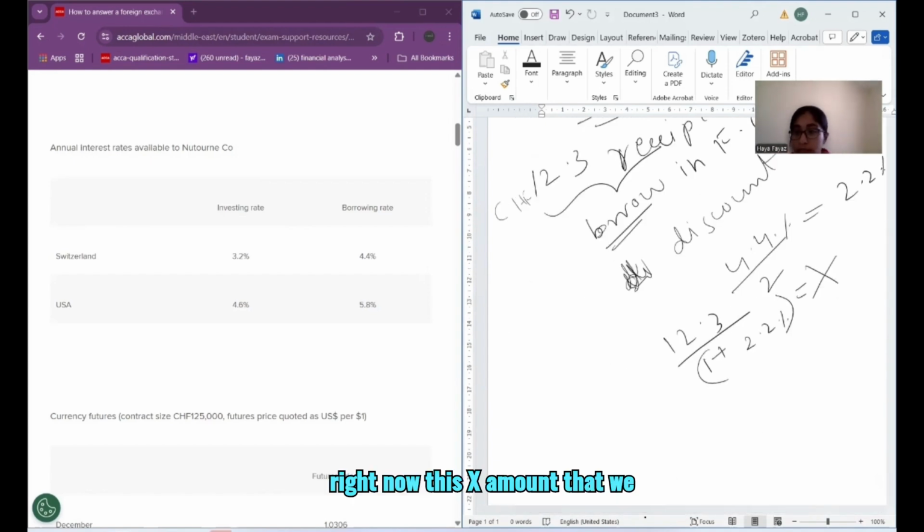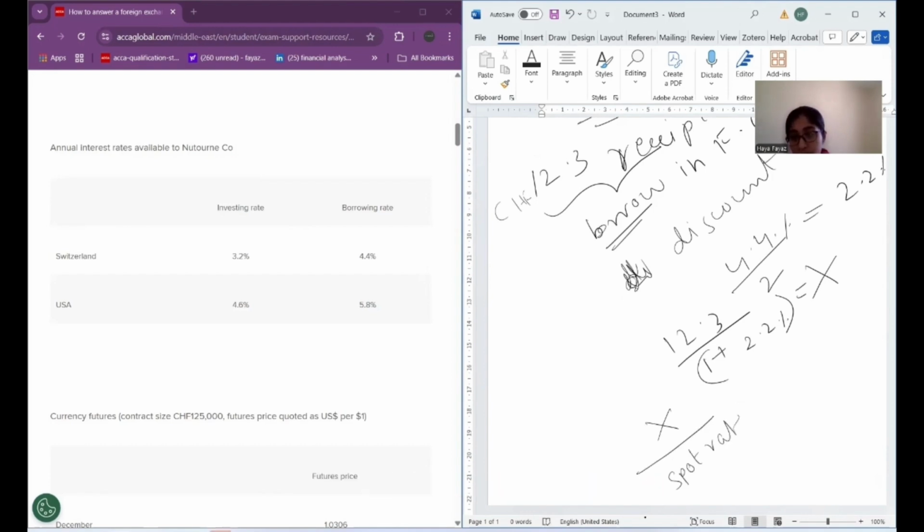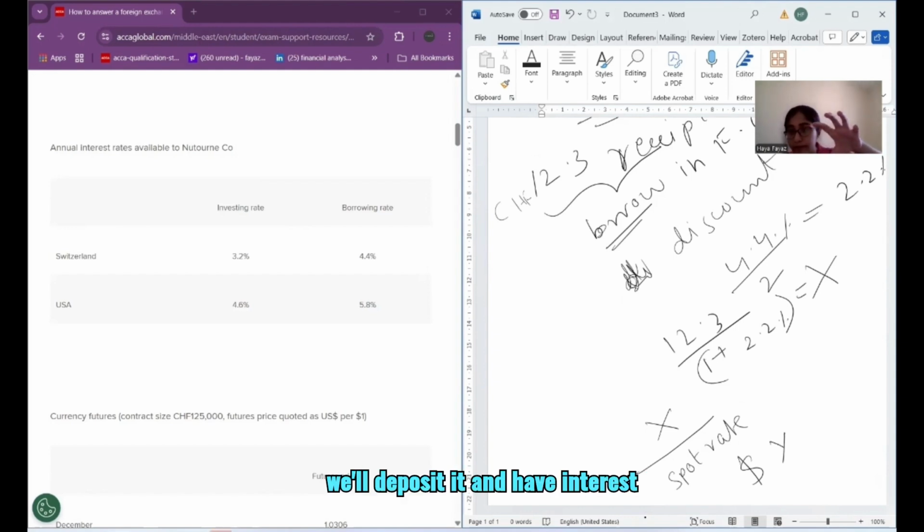Now, this amount X that we end up getting, we will convert using the spot rate applicable. We'll go into details of that in the future. Afterwards, we'll get the amount in dollars. That dollar amount Y, we will deposit and earn interest on it, because on deposits we earn interest.